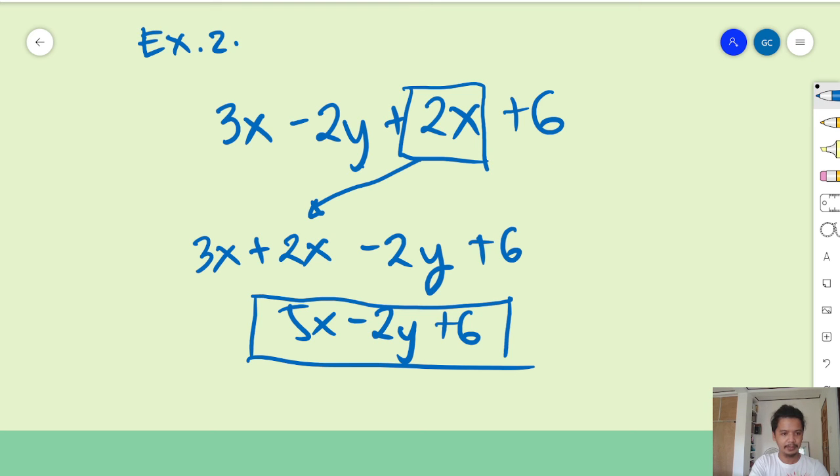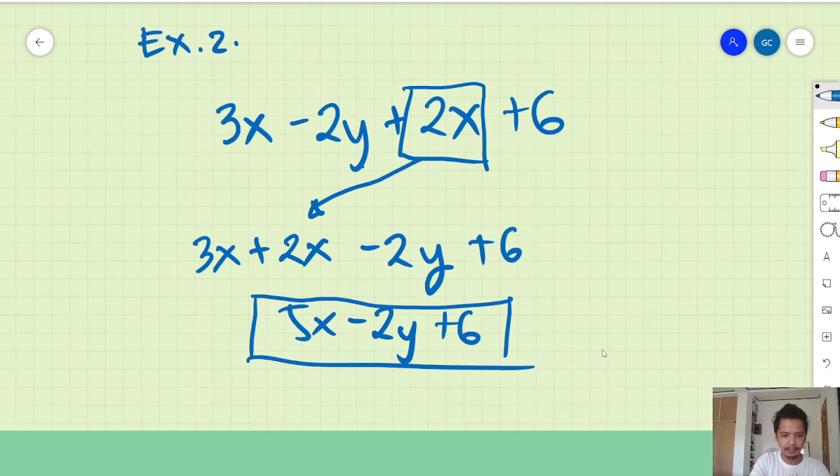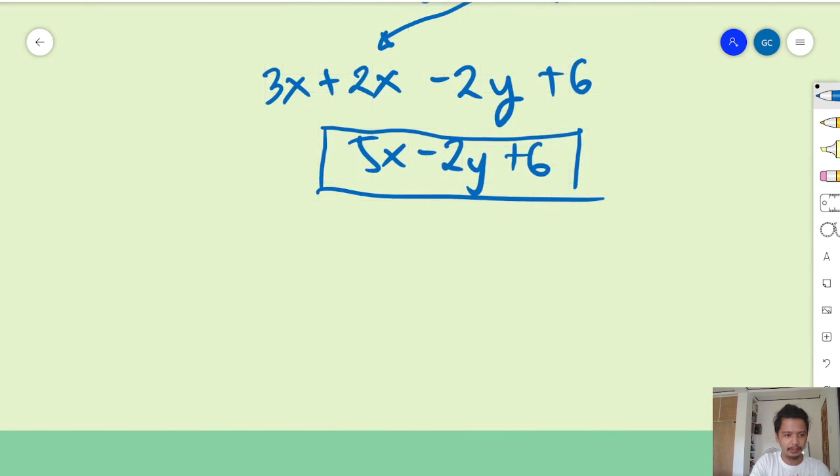Ito. Similar pala yun. Ito. Medyo magulo tong ganito. Sulat natin.